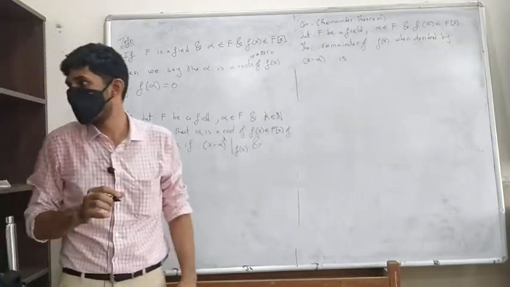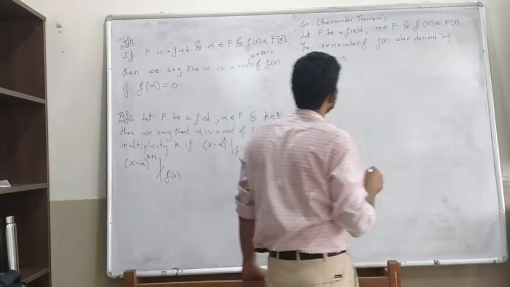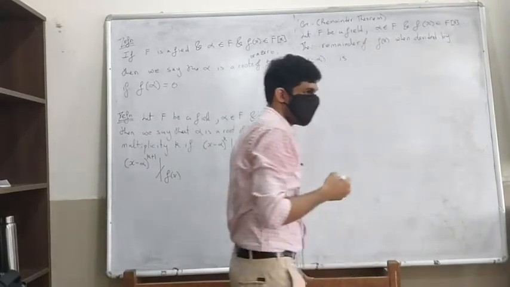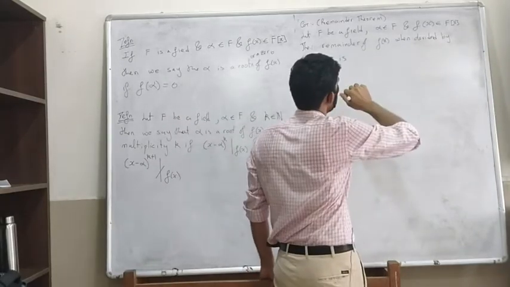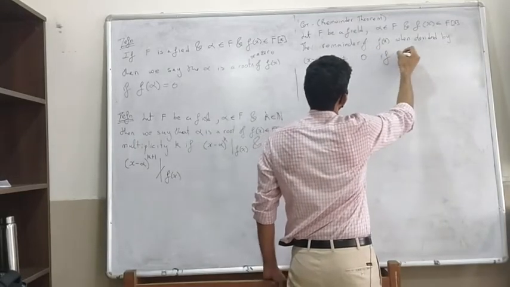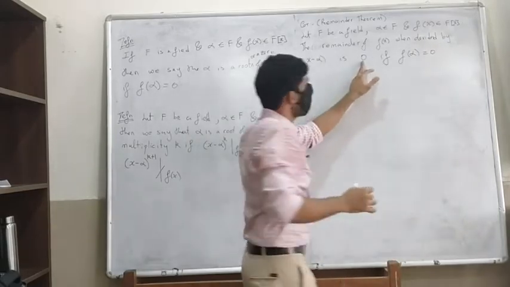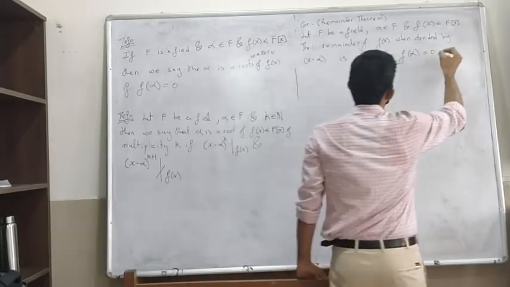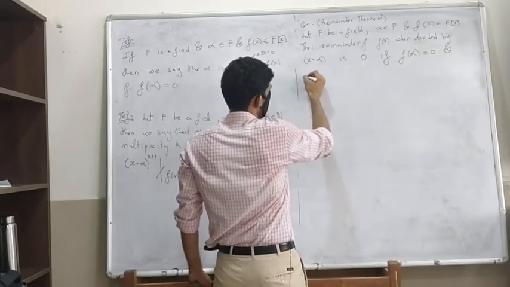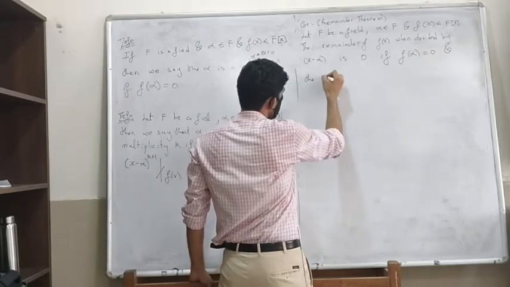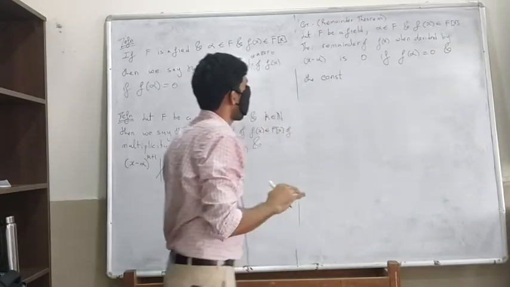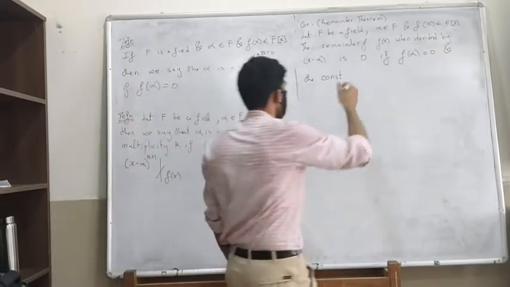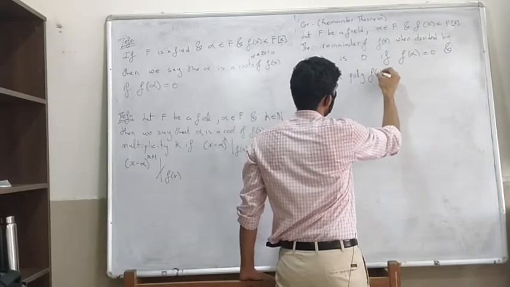So the remainder of f of x when divided by x minus alpha is the 0 polynomial if f of alpha is 0, meaning alpha is a root of f. And the remainder is the constant polynomial f of alpha otherwise.